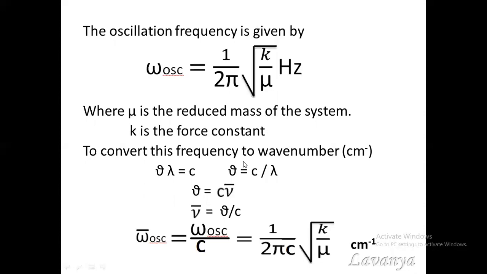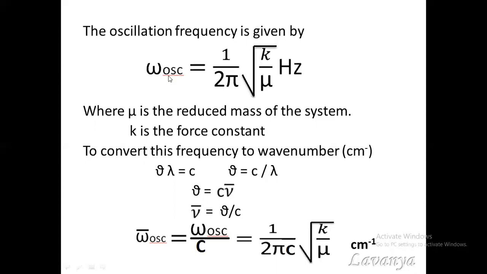This oscillational frequency, represented as omega oscillation, is given as 1 by 2 pi root k by mu hertz, where mu is the reduced mass and k is the force constant. The oscillational frequency is represented in the units hertz. But in IR spectroscopy, we use wave number instead of frequency.